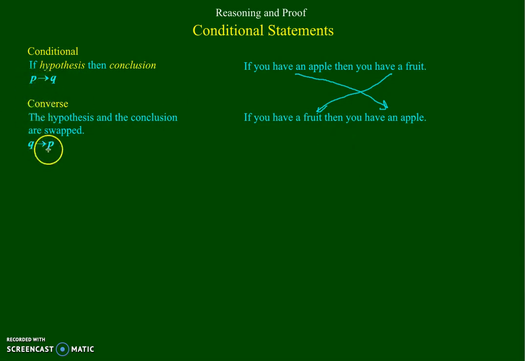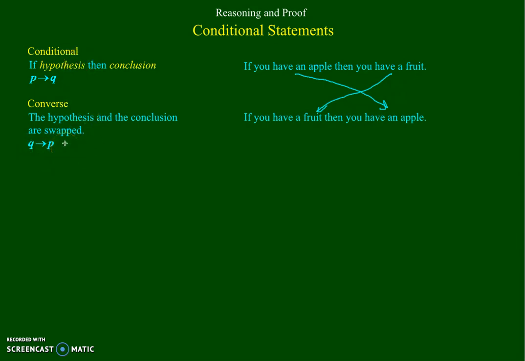The P goes to where the Q is, the Q goes to where the P is. So when the hypothesis and conclusion are swapped, we have the converse. Now you can come up with a convenient way to remember that. That's great, but converse generally means to swap meanings, to reverse meanings. And don't think of reverse as negate, because that's what we're going to talk about next. So first one, conditional. Second form, converse.